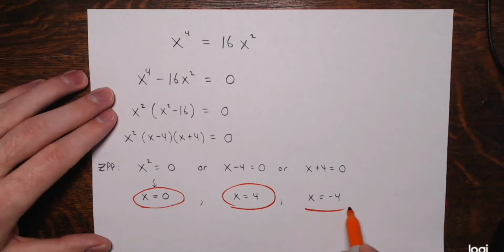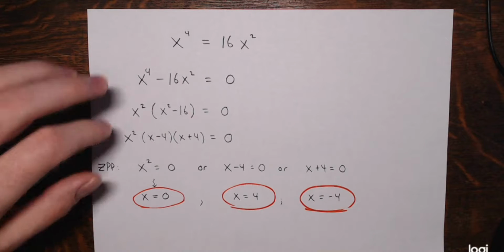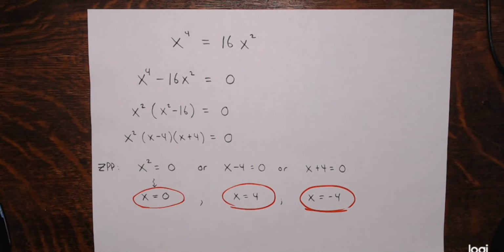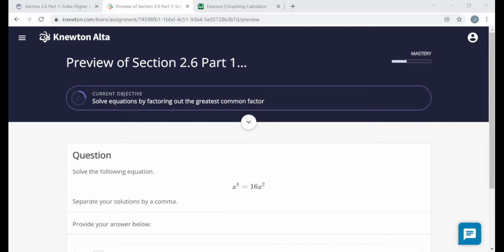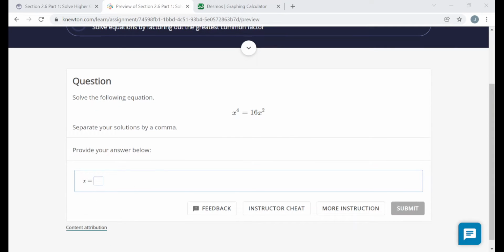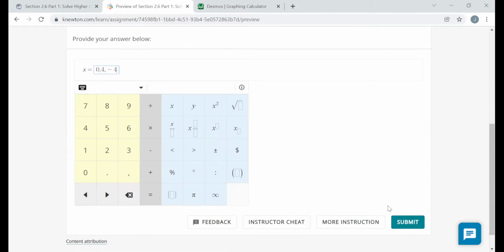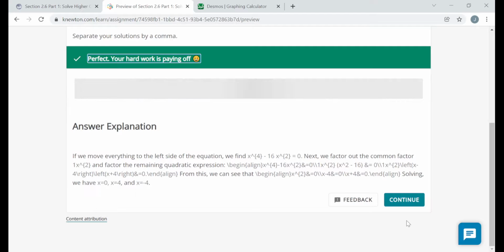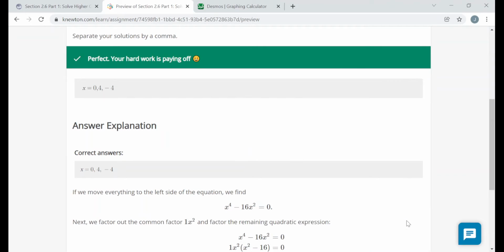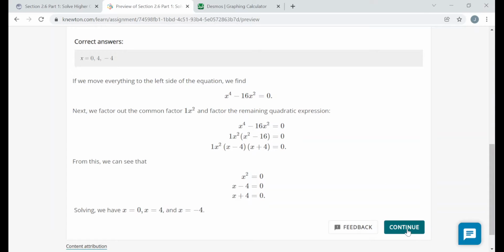And these two should work as well. Alright, I'll leave it to you to check those. Alright, so back here, I'm going to punch in 0, comma, 4, comma, negative 4. Wonderful. Alright, moving on.